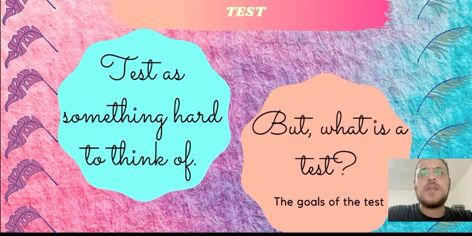In a language context, we have specific tests that measure one of the four abilities, like speaking, writing, reading, listening, or other aspects of the language, like grammar or vocabulary. And finally, we have a test that measures a given domain, in the case of the proficiency test.